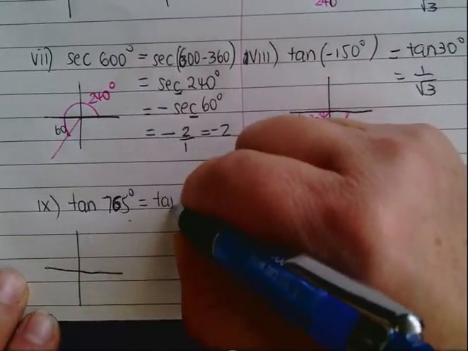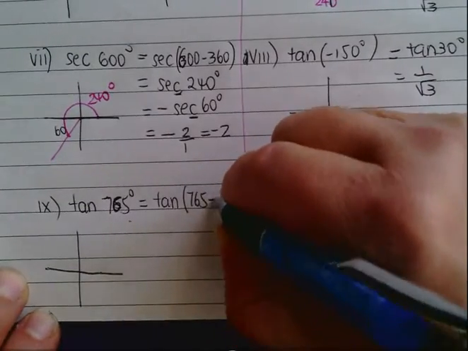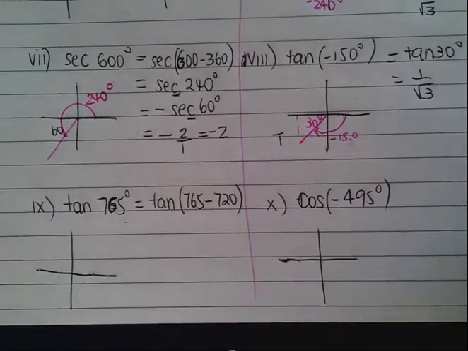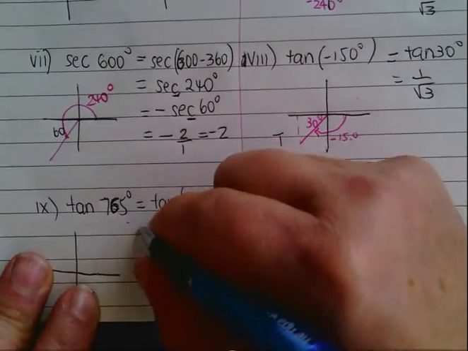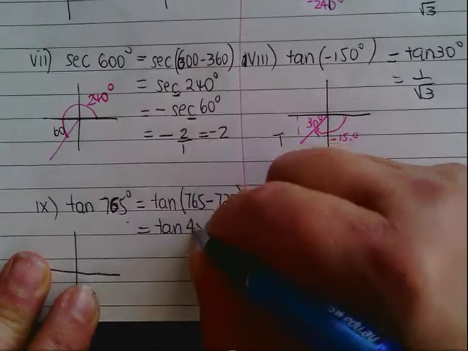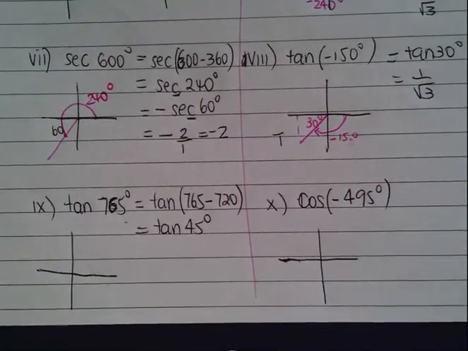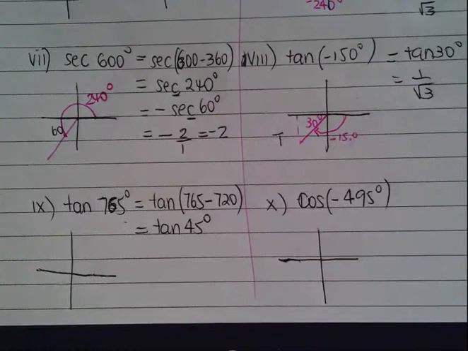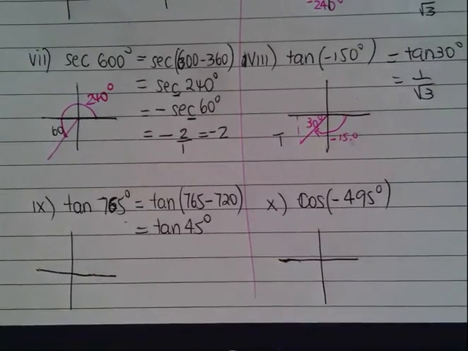So that's the same as tan of 765. I'd be subtracting 720 because that's twice around the circle. And that's the same as tan of 45. Oh, it's acute. And, all right, because it's clearly bigger than 720 because we go 360 and another 360.